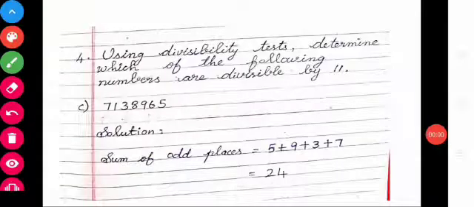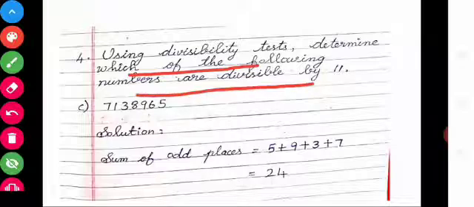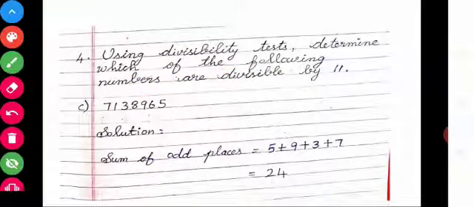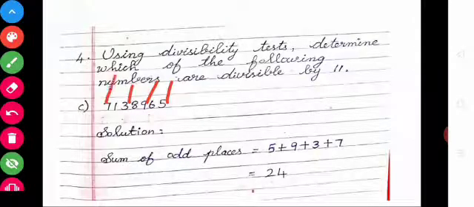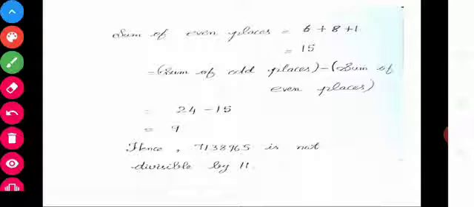And the next one, using divisibility test, determine which of the following numbers are divisible by 11. What is the sum? 71,38,965. Sum of odd places starting from ones digit, 5 plus 9 plus 3 plus 7. It is equal to 24. And the next one, sum of even places.